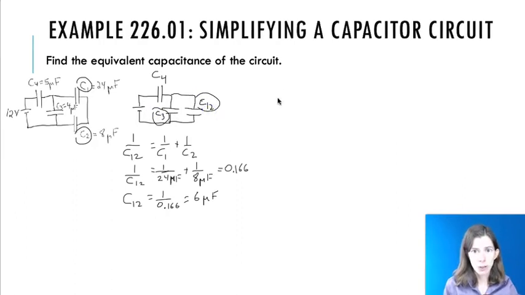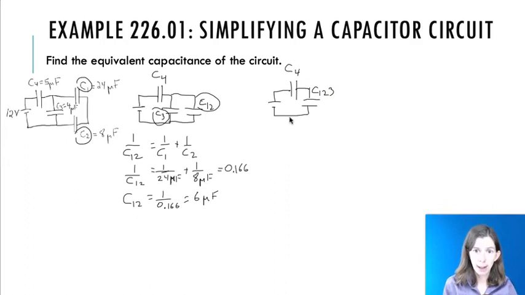So we're going to redraw the circuit. We're still going to leave C4 alone. We haven't messed with C4 yet. But then, instead of drawing these two, we draw one equivalent capacitor. So C4 is up here, and since this is 1, 2, and 3, I'll call it C123. And this is still our battery over here. Now we're doing step 3, which is calculate that capacitance.